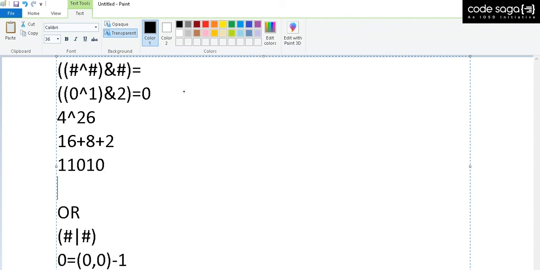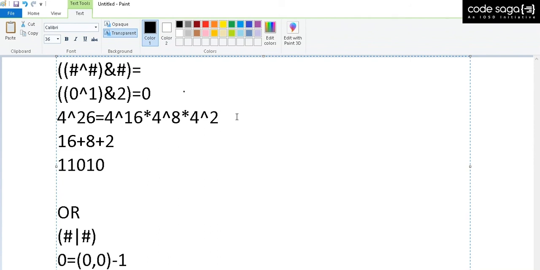I can compute 4 raised to the power 1, 4 raised to the power 2, 4 raised to the power 4, 4 raised to the power 8. That is the powers of 2. So then all I have to do is multiply 4 raised to the power 2, 4 raised to the power 8 and 4 raised to the power 16. Right, because this can be 4 raised to the power 16 into 4 raised to the power 8 into 4 raised to the power 2.